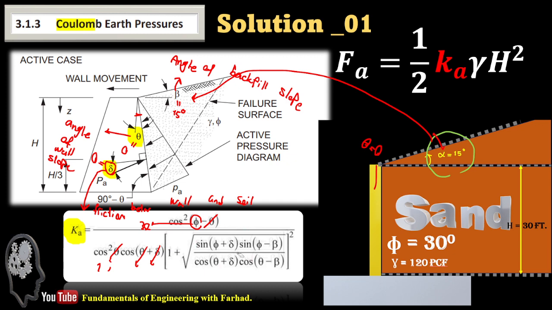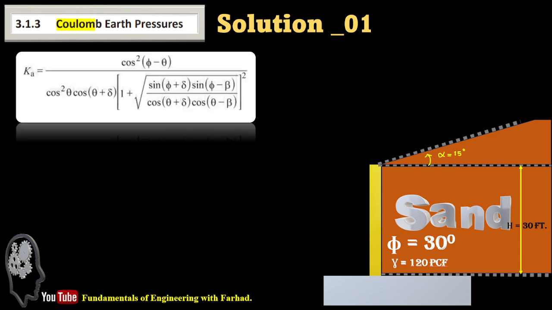And we just have beta equal to our alpha in our problem, which is 15 degrees. Don't worry about the terms, just replace your angles in Coulomb's equation. So we just have phi and beta in our problem, and if that's the case, we can easily calculate our Ka coefficient.